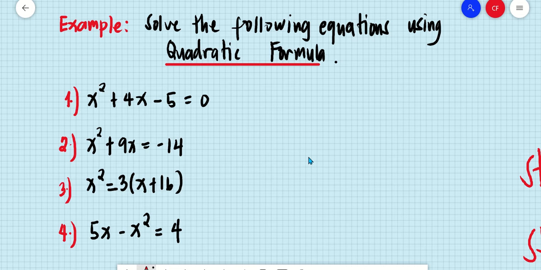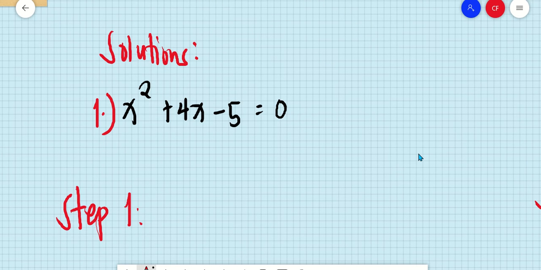Okay? So, syempre, unahin natin yung example number 1. So, ito po yung solution. Alright. So, dito sa solution, nilagyan ko ng step-by-step solution. No? So, step 1, syempre, make sure na yung quadratic equation natin is in standard form. Okay? Kapag naka-standard form na yan, class, syempre, identify na lang po natin yung value ng a, b, and c.